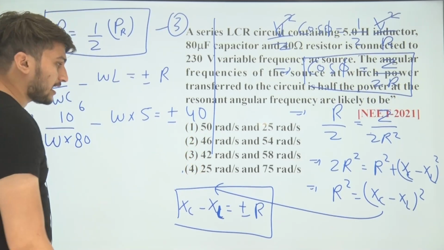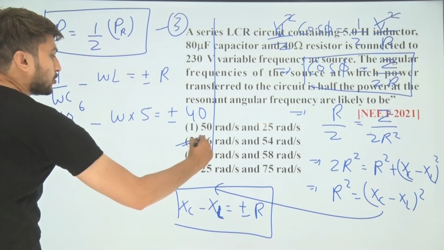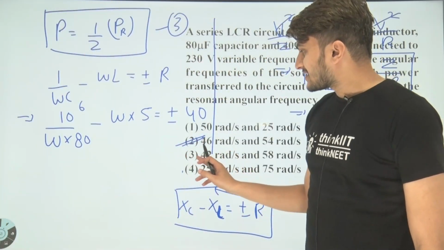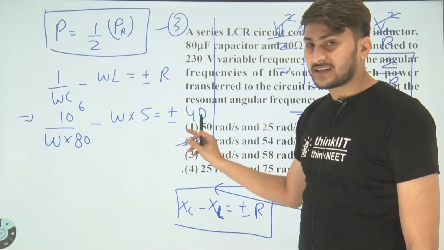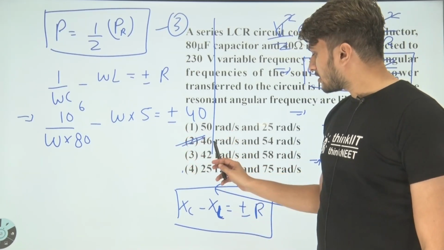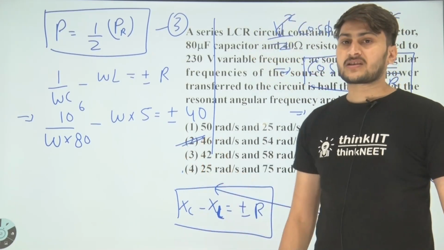The correct answer which satisfies LHS and RHS is option number 2. When we put omega equal to 46, first taking positive 40 and second negative 40, it is satisfied. That means the answer is option number 2.